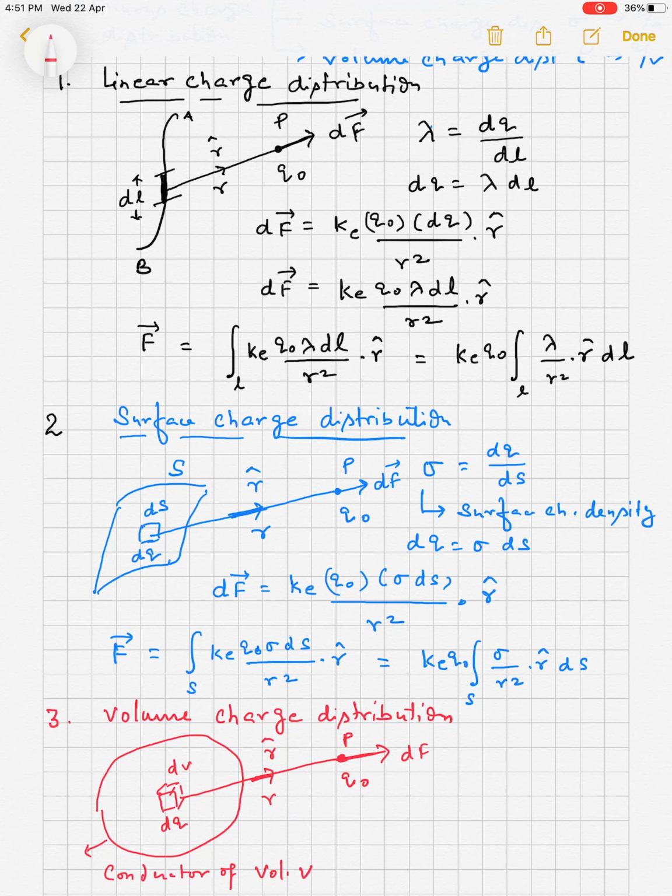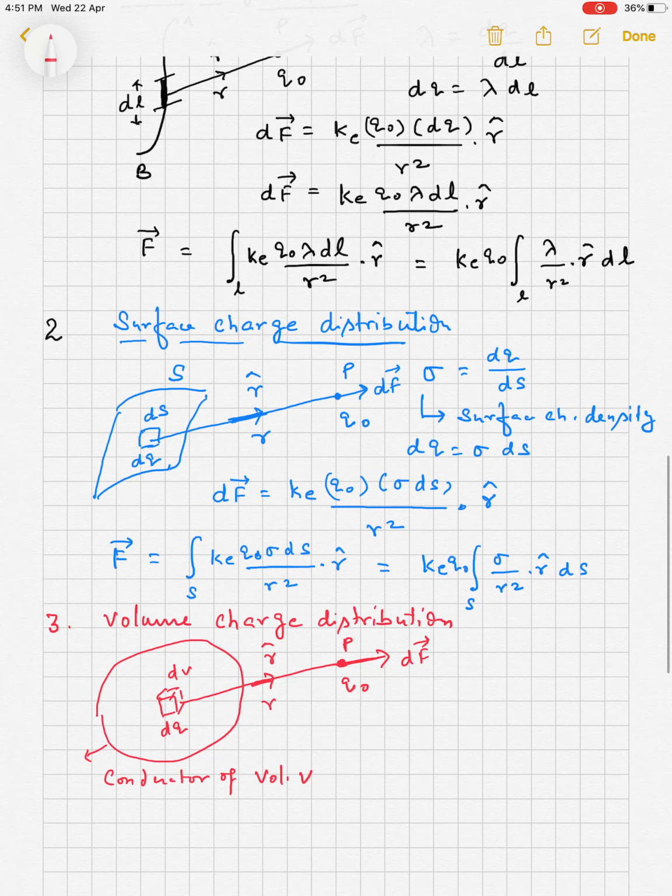So this is dF. Now here we will consider a term rho, which is called volume charge density. So rho is equal to dq by dV, and dq will be equal to rho dV.